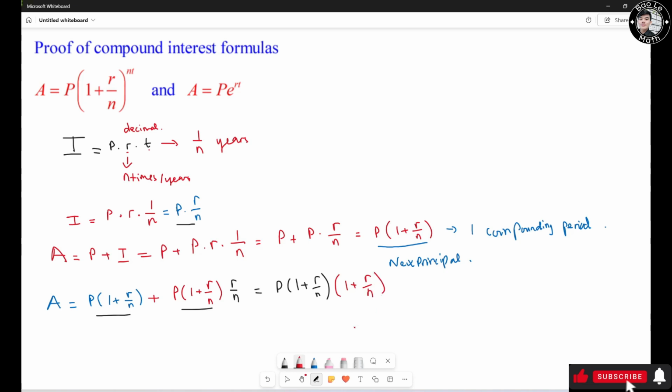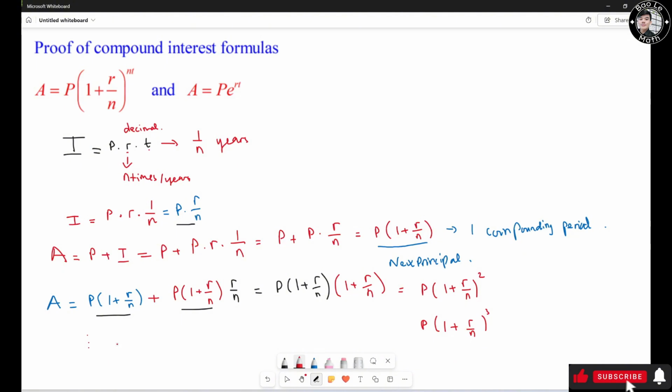Alright, so this turns out to be P times 1 plus R over n squared, right? Now, if you keep doing the same process, after 3 compounding periods, the amount A is P times 1 plus R over n to the power of 3, right?